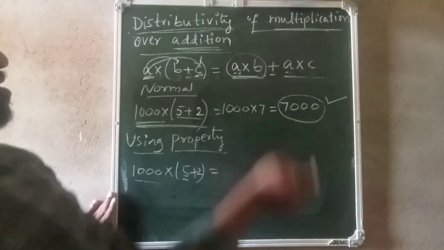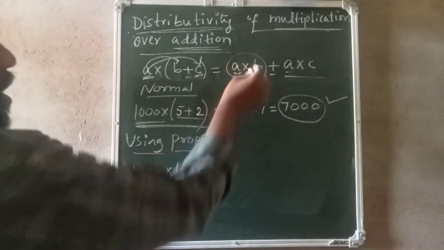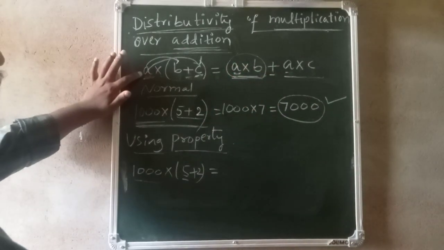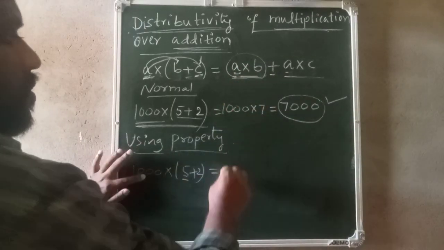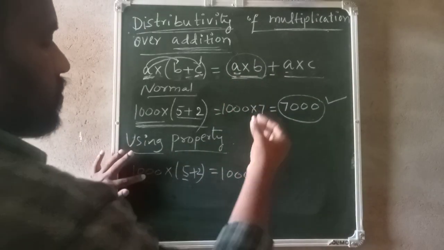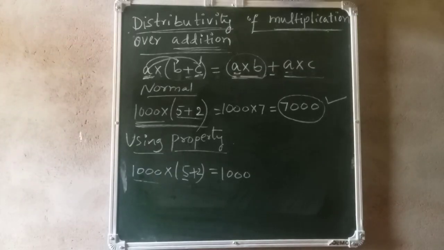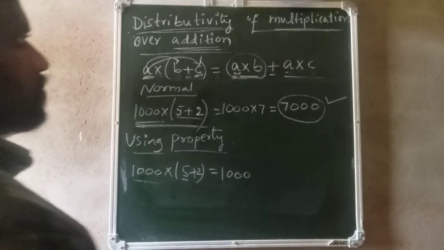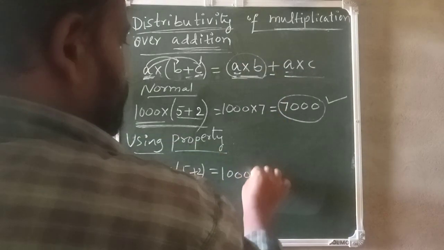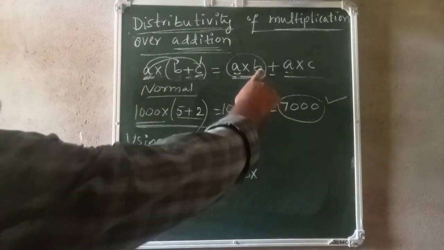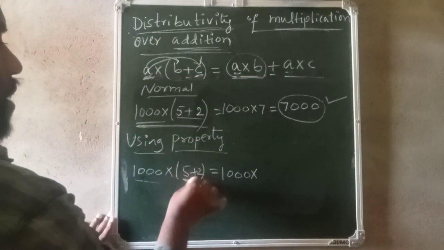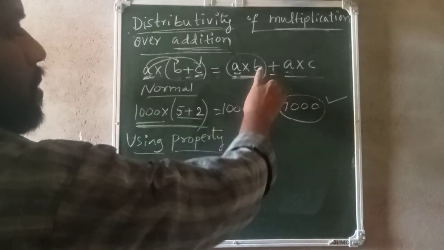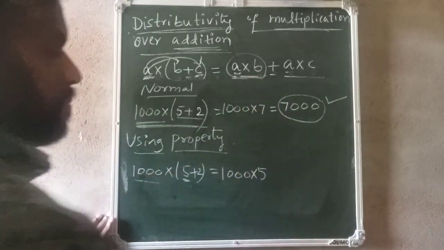So using this property, next we have A into B. In place of A we have 1000, so in place of A, write 1000, into, next to B, in place of B we have 5. So in place of B, write 5.